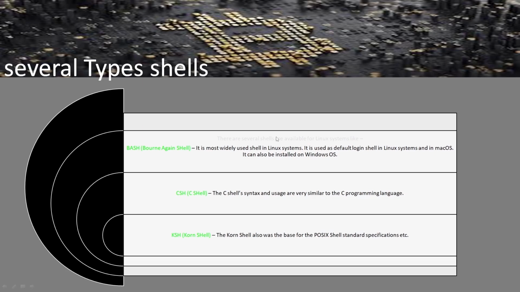C shell syntax and usage are very similar to the C programming language, while Korn shell is also based on the POSIX shell standard specification. So there are different types of shell which can be used for scripting on several kinds of operating systems.